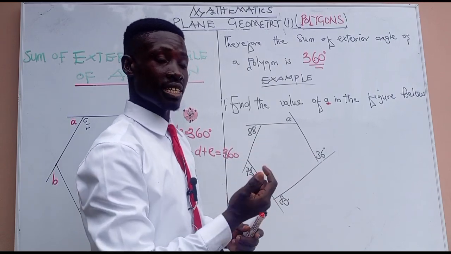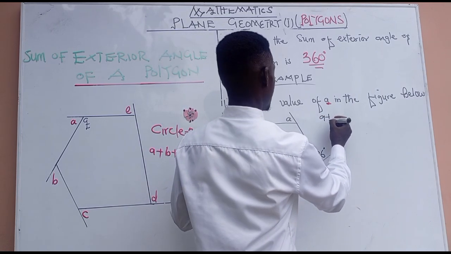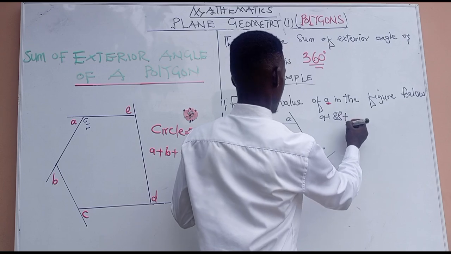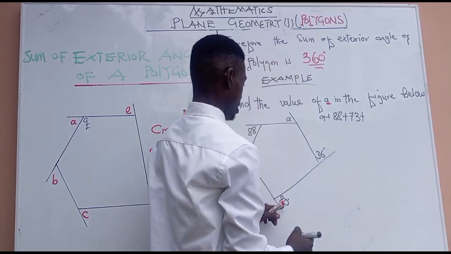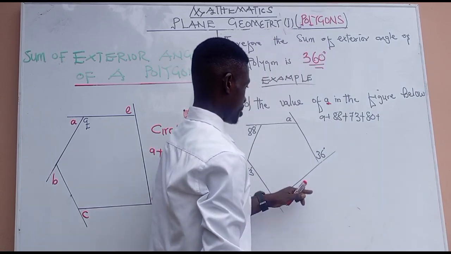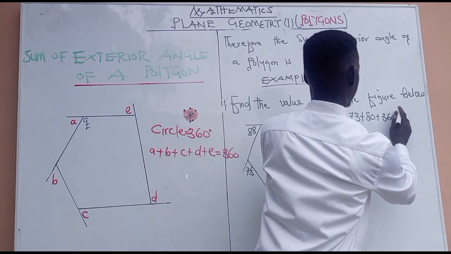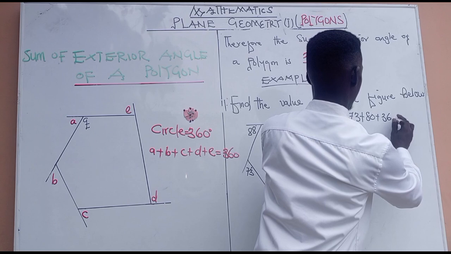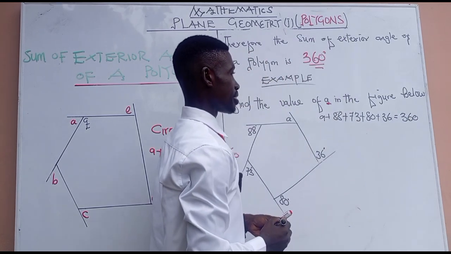Very, very simple. So we are going to get A plus 88 plus 73 plus 80 degrees plus 36 degrees is equal to 360 degrees.